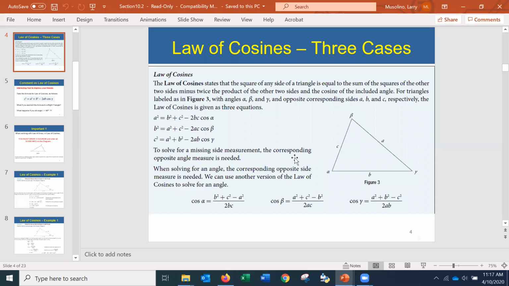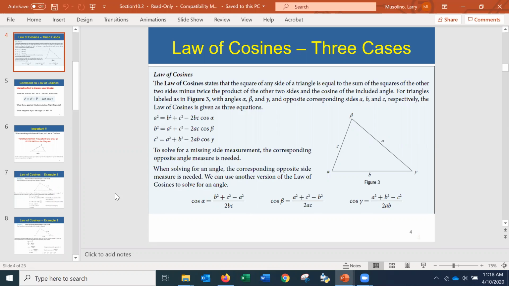We have law of sines at our disposal, and if law of sines doesn't work, you can use law of cosines. These formulas here were when you were trying to find the missing side of the triangle, and these formulas on the bottom were when you were trying to find a missing angle.